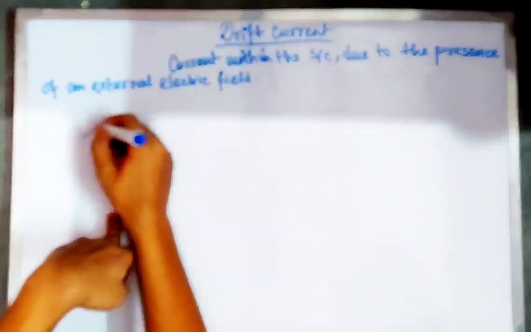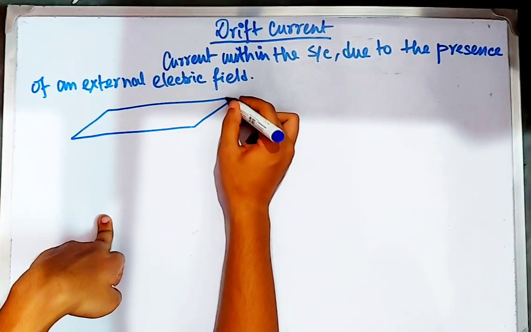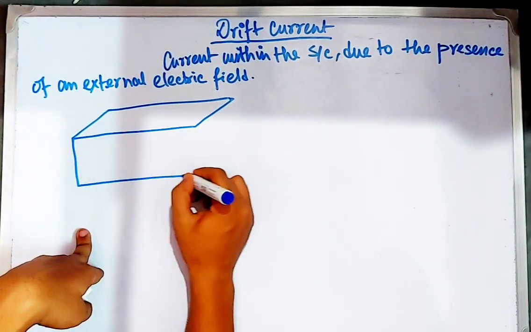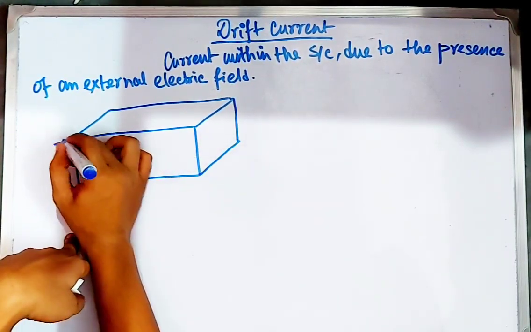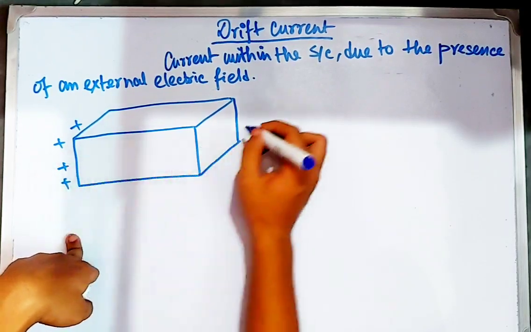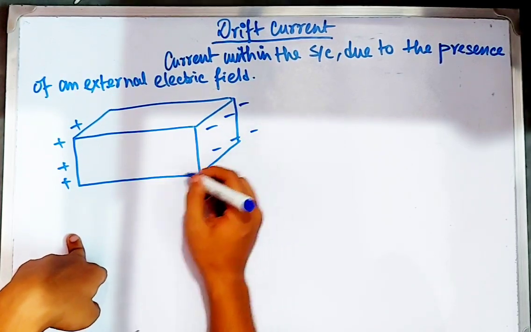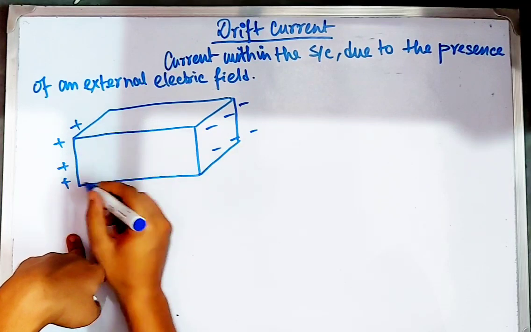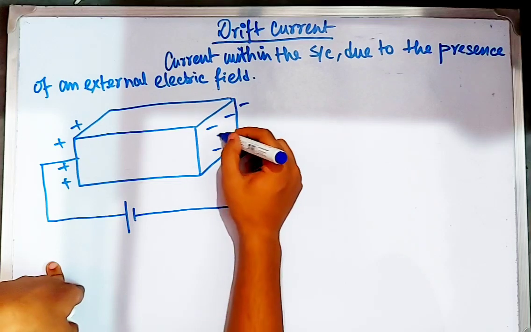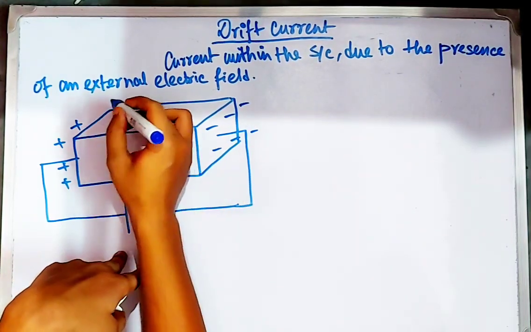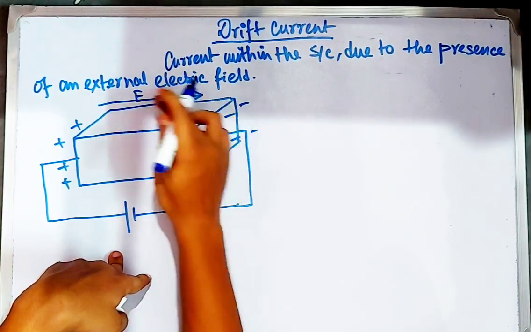Suppose I draw a semiconductor body, suppose this is a semiconductor solid which is connected to an external electric field. Suppose this plane is positive and this plane is having a negative charge, and this is a voltage source that is connected with the semiconductor. So of course the electric field direction is from left to right.